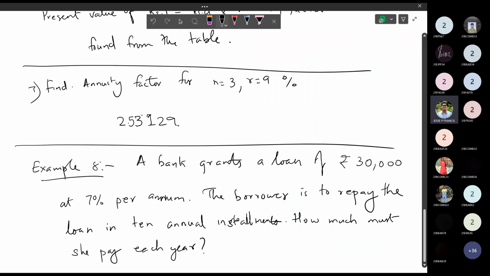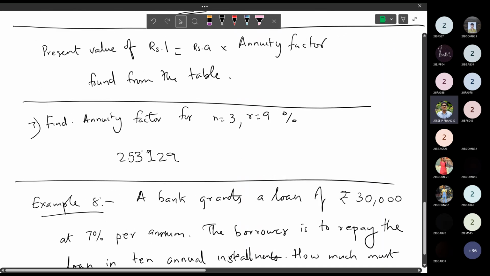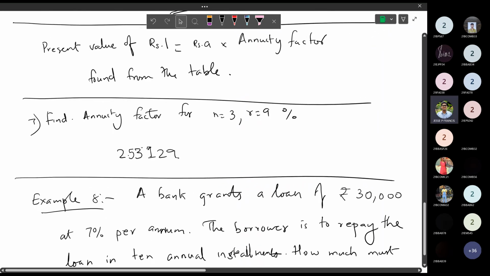Can you calculate? How do you calculate? Present value is given to be 3 lakh. Annuity can be calculated using the given formula we gave earlier. So what you want to find is A here.